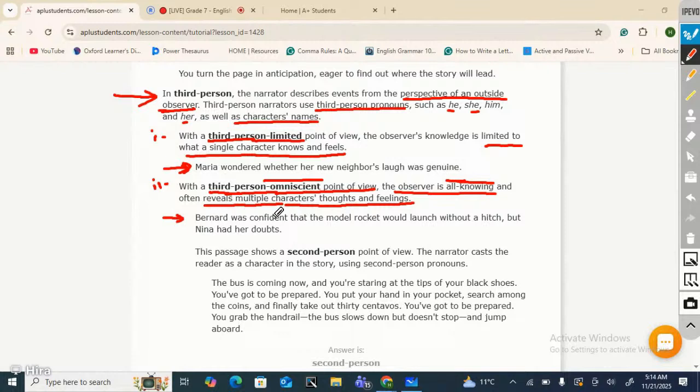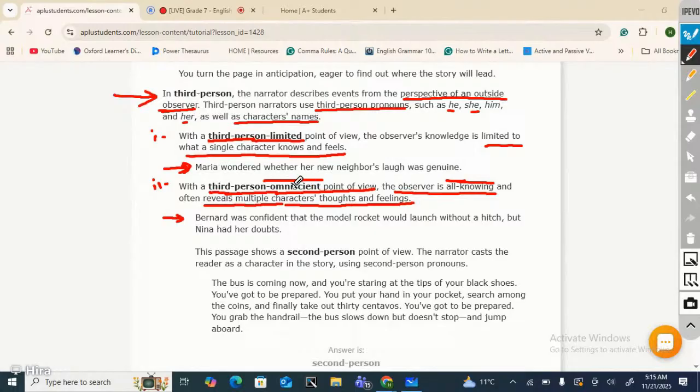Bernard was confident that the model rocket would launch without a hitch, but Nina had her doubts. In one sentence, two characters are presented. About Bernard, we know that he was confident, and Nina had her doubts.